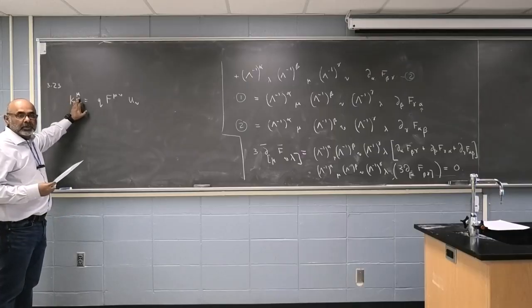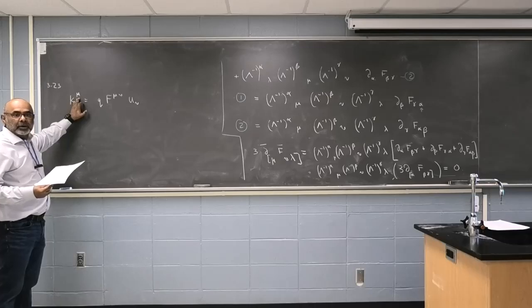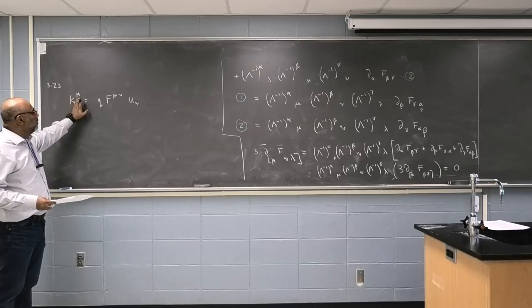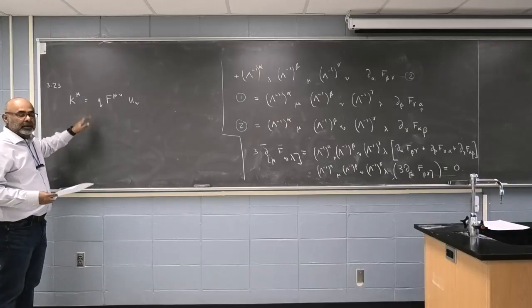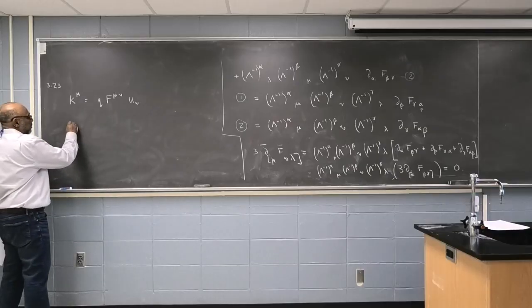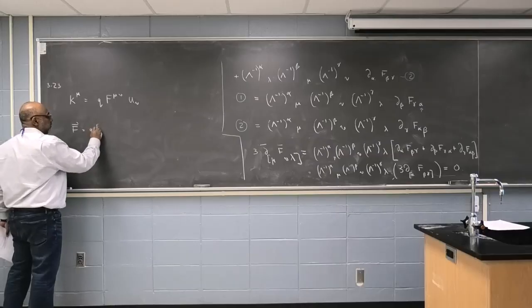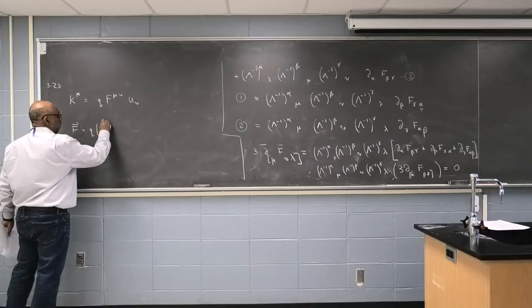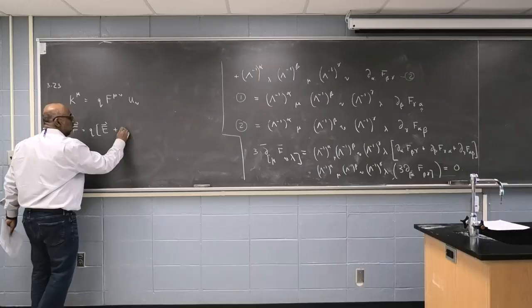The 0th component is going to give you the power. We talked about this. And the spatial components will give you, it should end up with, I should say U.